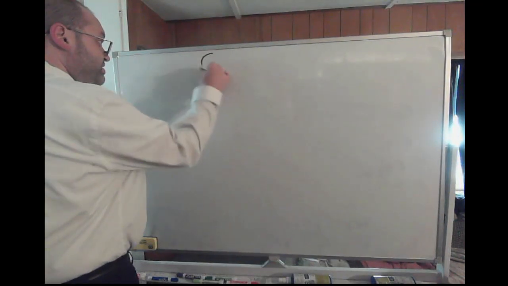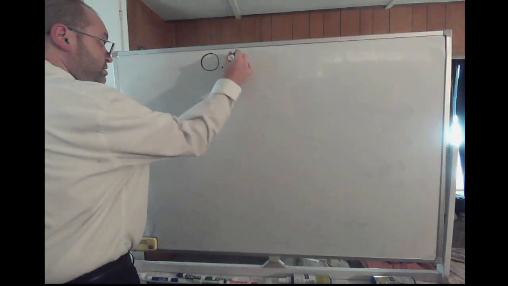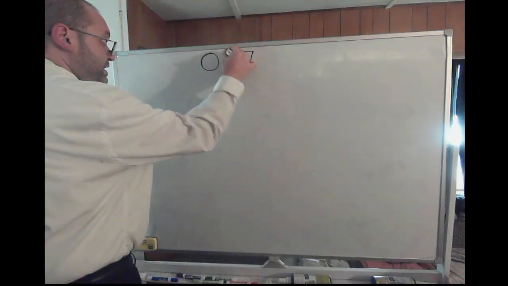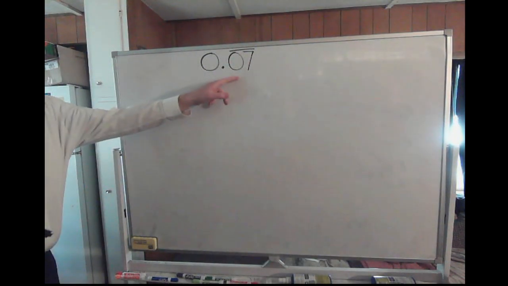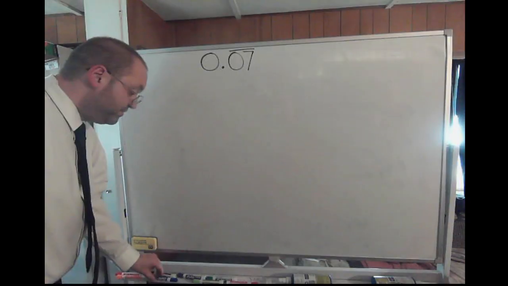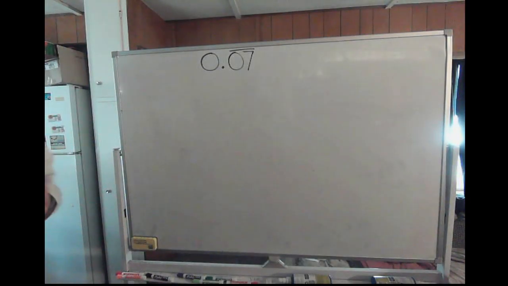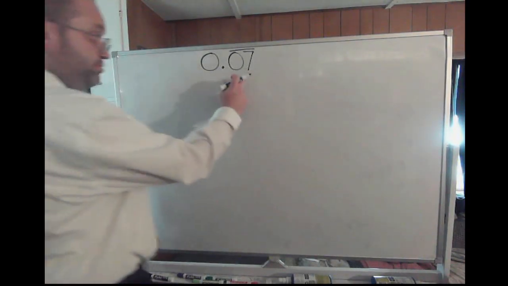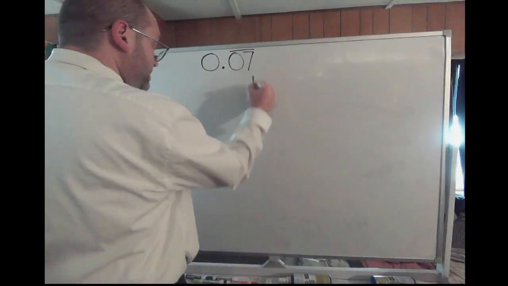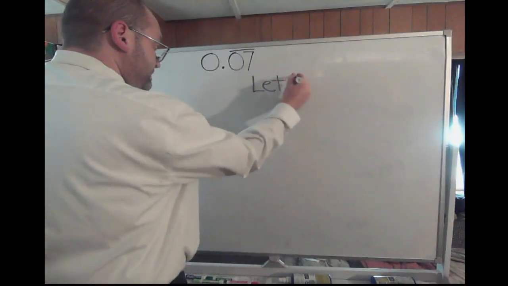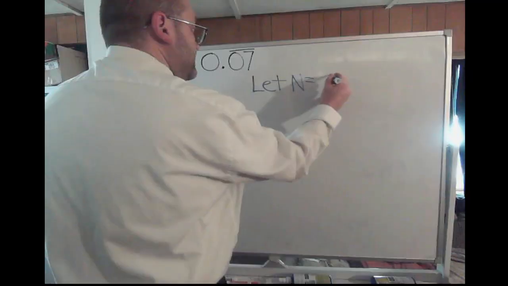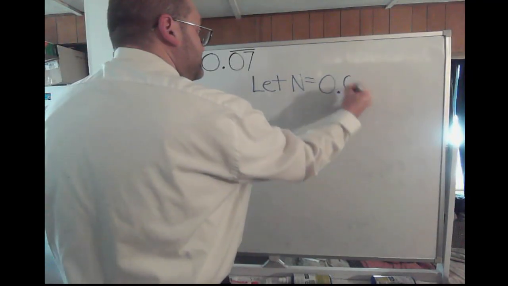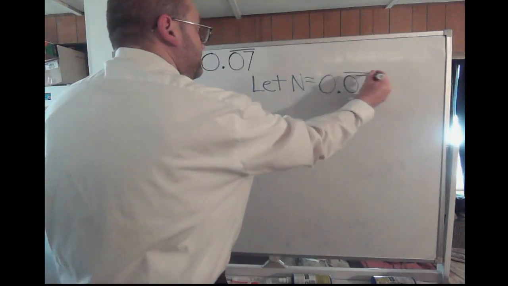Back to some better numbers. What if we just had 0.07 repeating? So this time we have both numbers to the right of the decimal repeating. So there's some good news. Well, we can immediately proceed with our n statement. We will let n equal that 0.07 repeating, right?